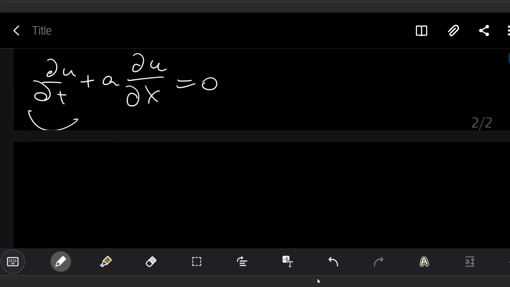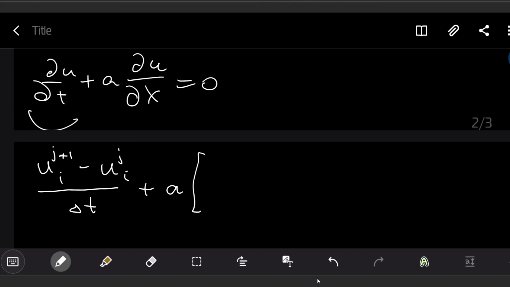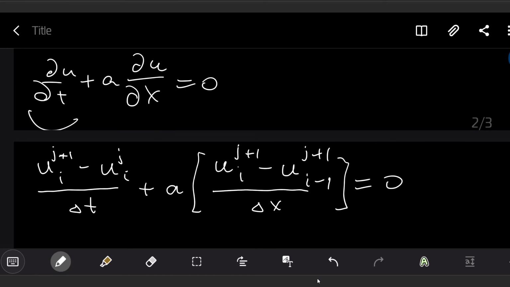The time derivative I will write the following way: u_i on the next time minus current, the same way as before, plus a. And here will be the difference with respect to the previous discussion: u_{i-1}, j plus 1, divided by delta t, delta x, is equal to 0.